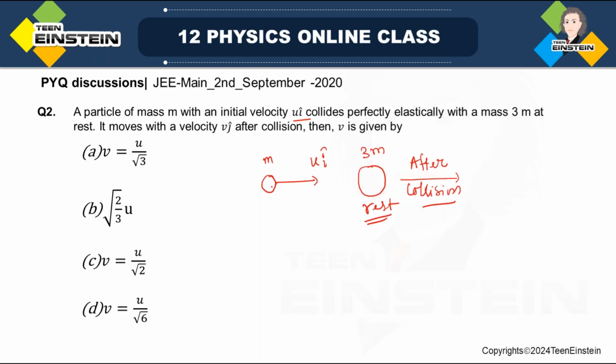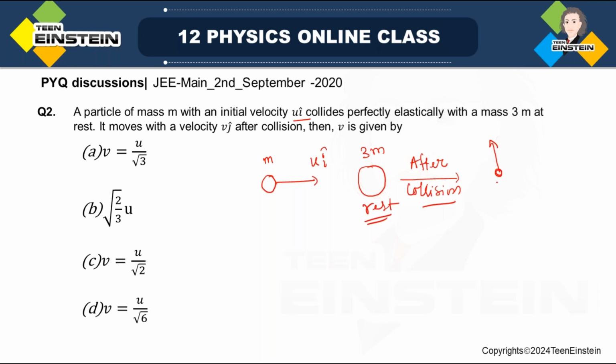The mass m is colliding with 3m perfectly elastically, and it moves with the velocity v j. So this small mass is moving with a velocity v j after collision. That means it is moving in the upward direction. It is moving in this direction.